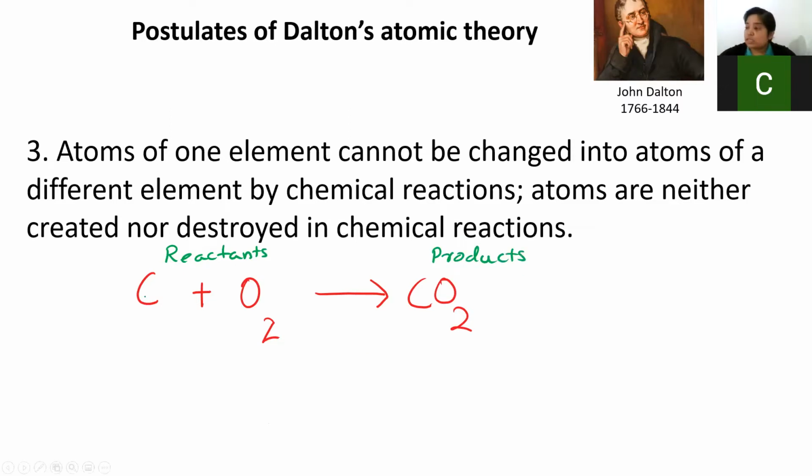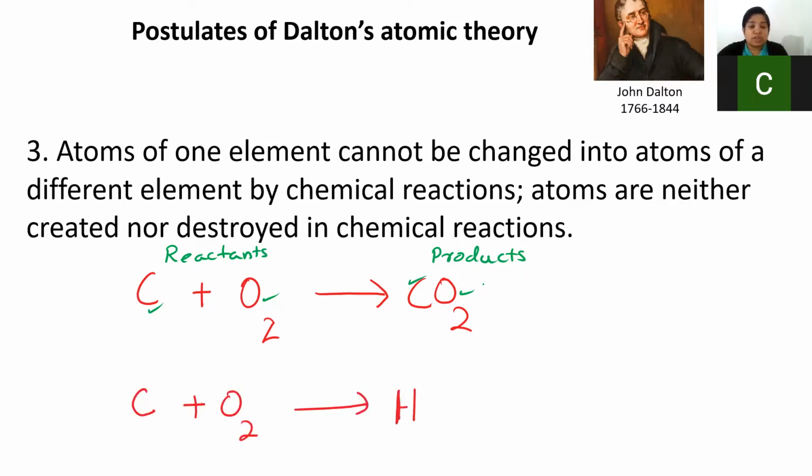And you can see we start with carbon and oxygen, and we end up with carbon and oxygen. So the elements we start with are the same elements we end up with. They can be combined in different ways. Their connections can be different, but still the same element.